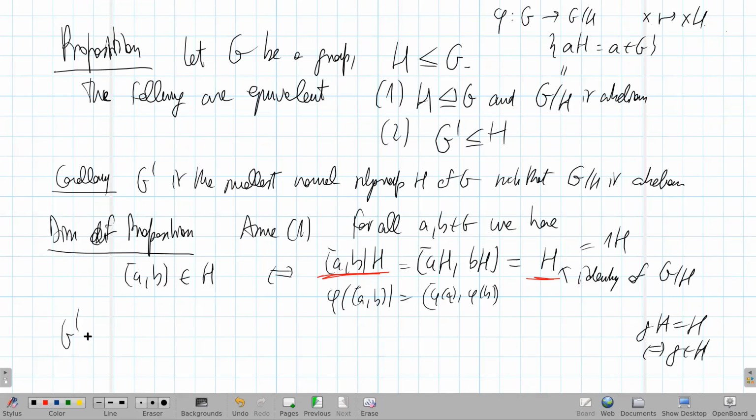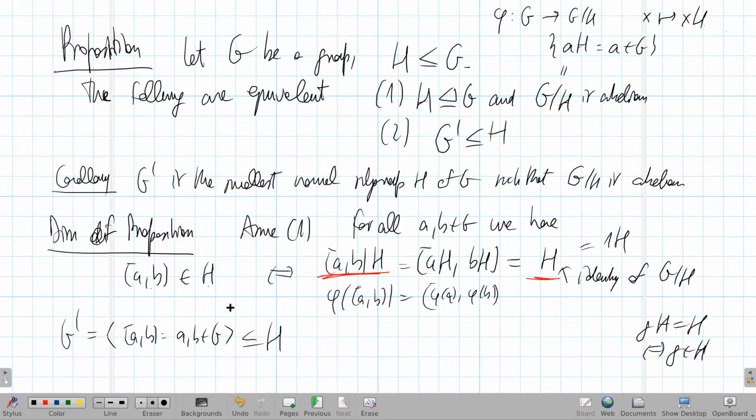Now G prime is generated by these commutators [a,b]. And of course, the subgroup generated by certain elements has the property that it's the smallest subgroup containing all these generators. Since all these elements are in H, G prime is then contained in H, okay?